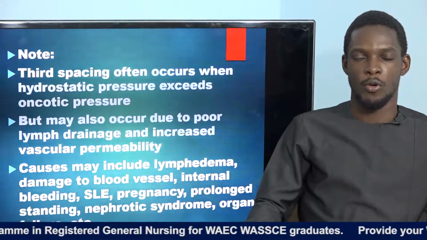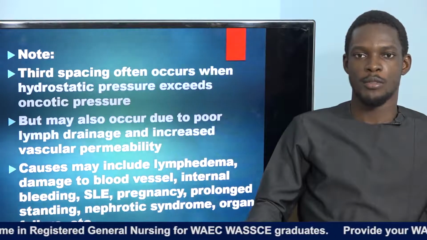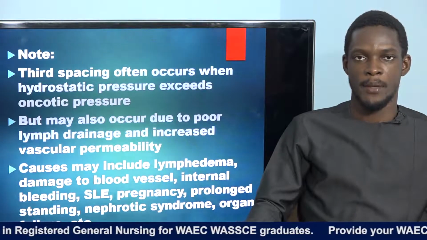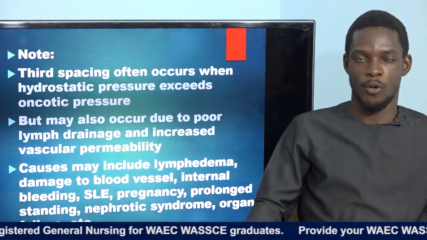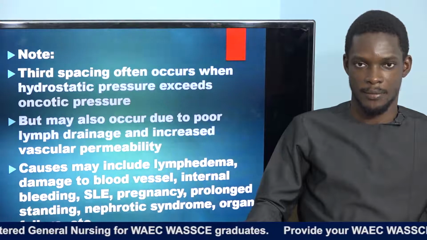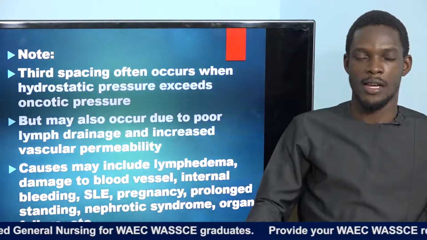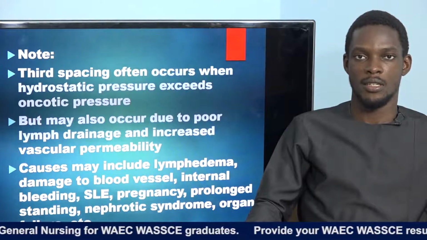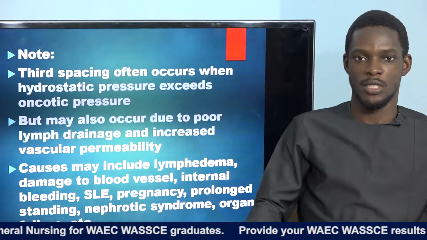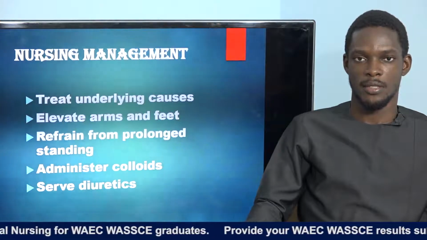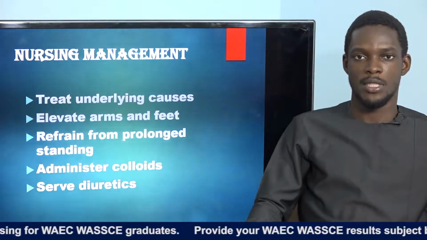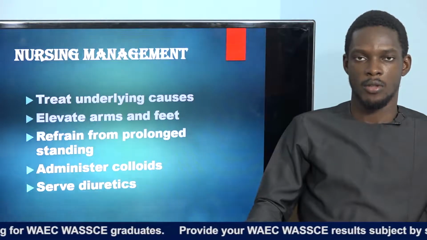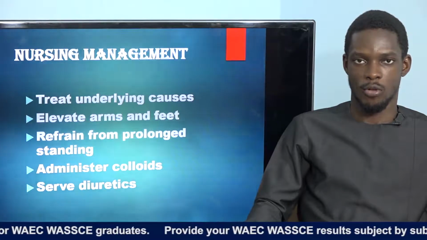Nephrotic syndrome, where there is low oncotic pressure, may result in ascites, which is a classic example of third spacing. And organ failure, as has previously been mentioned, may also result in third spacing. What you want to do for a client with third spacing is primarily to manage the underlying cause.